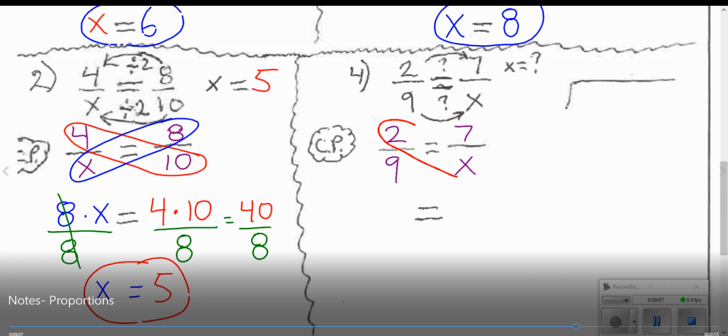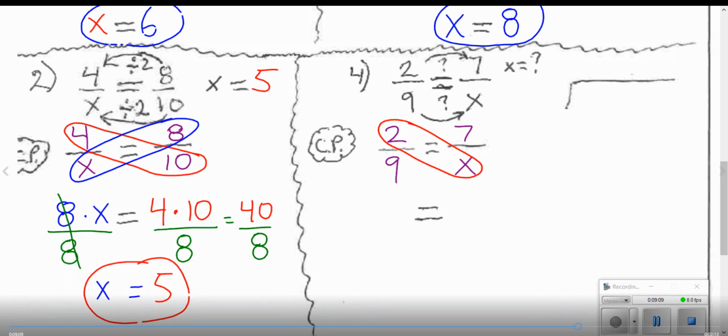That's why I'm doing cross products. So I have 2 times x, then I have 9 times 7. Now I need to get rid of the 2, so I'll just divide by 2.